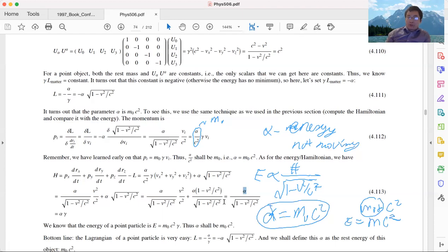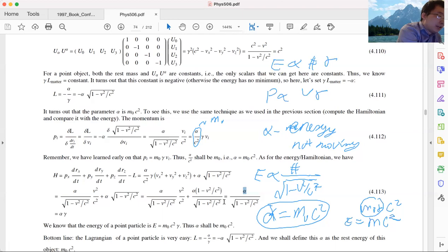Notice that in this derivation, we didn't assume anything. The only thing we assume is that the Lagrangian times gamma is a scalar. And if Lagrangian times gamma is a scalar, then the Lagrangian has to take this form. Then we find that momentum is proportional to velocity times gamma, and the energy is proportional to some constant times gamma.